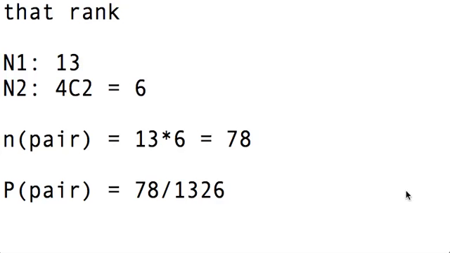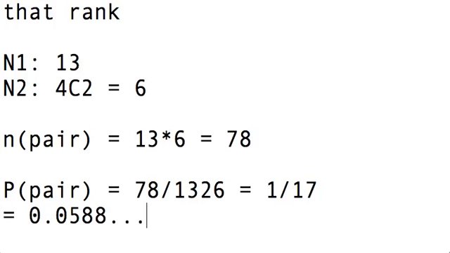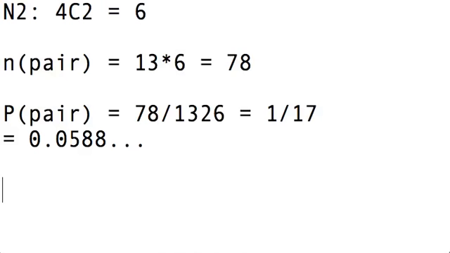So this is equal to 1 out of 17, which is approximately equal to 0.0588, so about 6% of the time. So I'm usually not going to expect to get a pair. Okay.